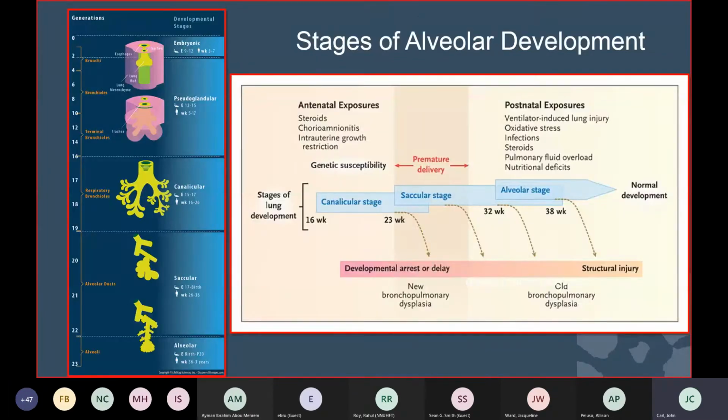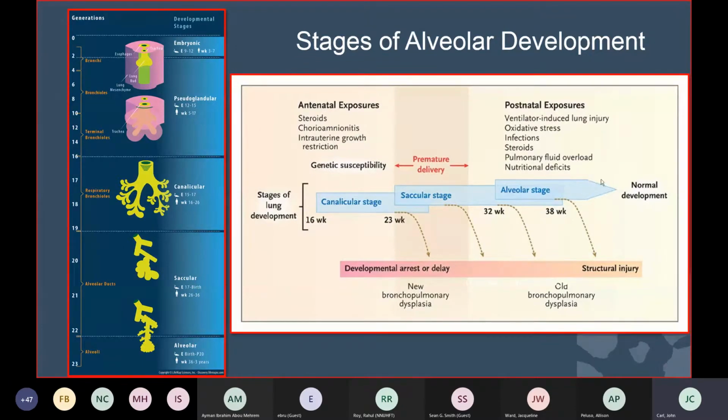I wanted to review the various stages of alveolar development. The embryonic and pseudoglandular certainly in the first 16 weeks, but we're going to focus mostly on the canalicular and the saccular stages of lung development. And so with the old BPD, with the postnatal exposures in the late saccular stage and the alveolar stage of development, the chronic ventilator-induced lung injuries and oxidative stress are well known to you.